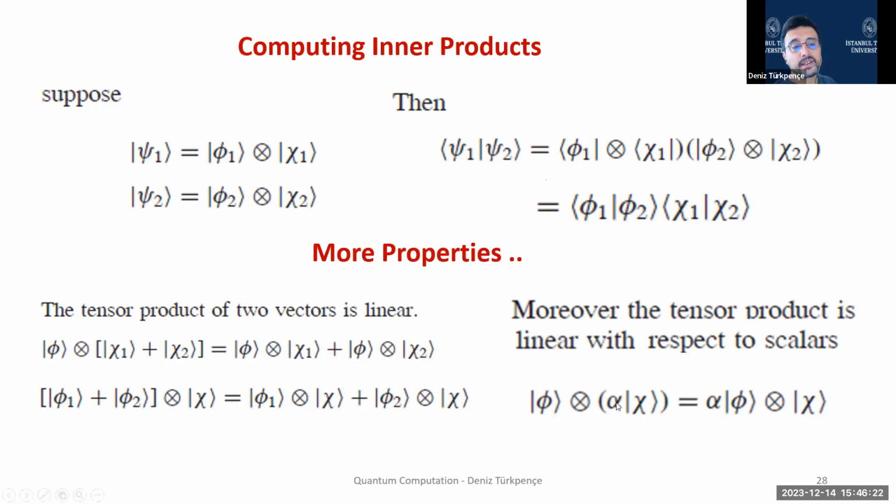If you have a scalar number in front of the second space, this scalar number can be written in front of the whole space. This is a very important property, because if you want to sacrifice this qubit by measuring, you can find out this alpha valuable information by just making a measurement on this qubit. So this is an important property for us.